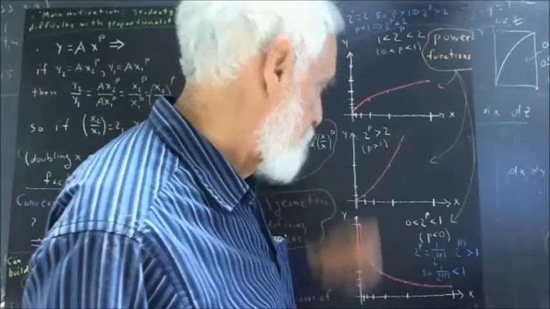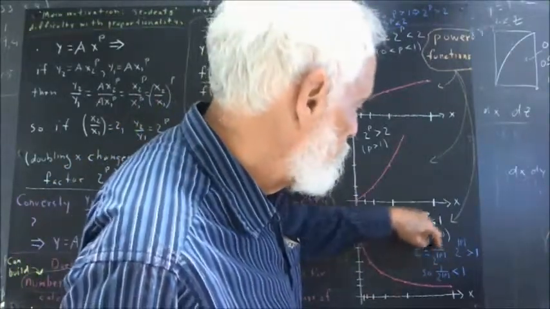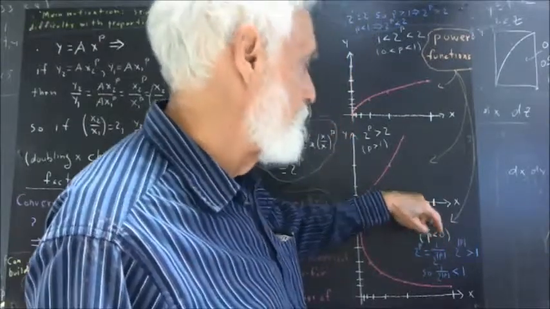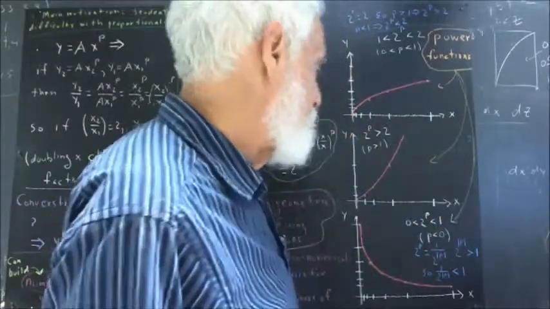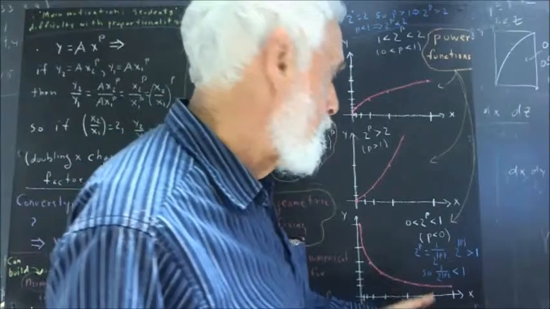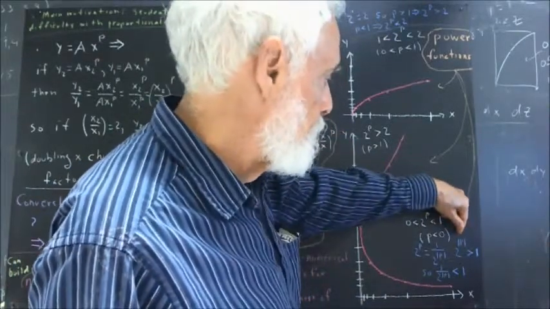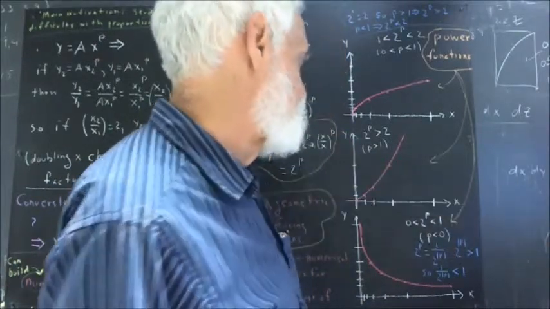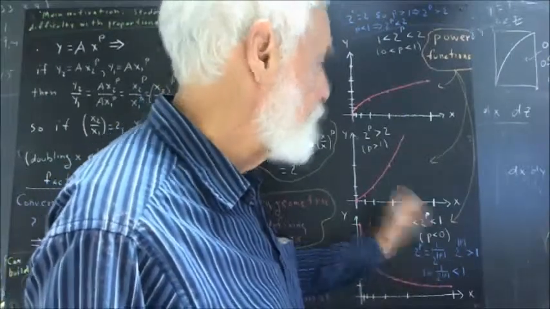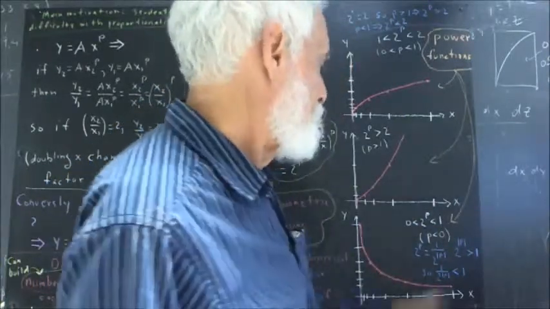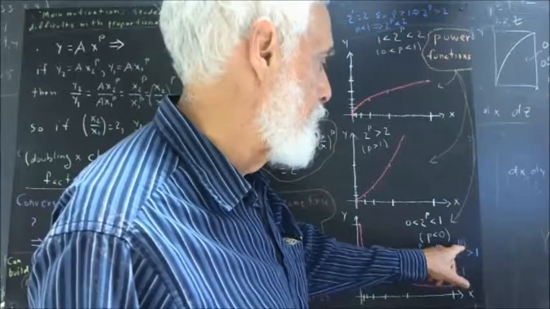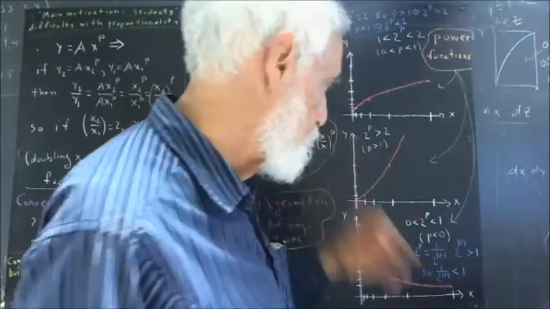Now, we know that 2 to the absolute value of p is greater than 1, because 2 to the 0 is 1, and the absolute value of any number that's less than 0 is greater than 0. So 2 to the absolute value of p has to be greater than 1.